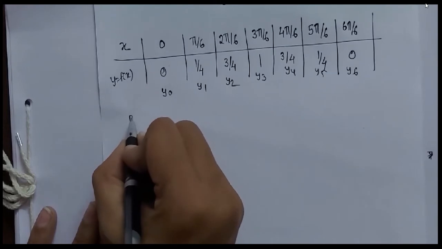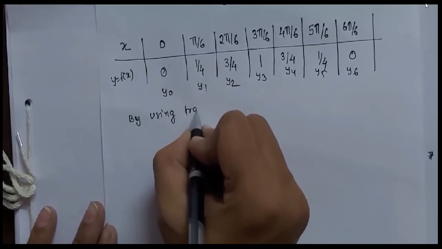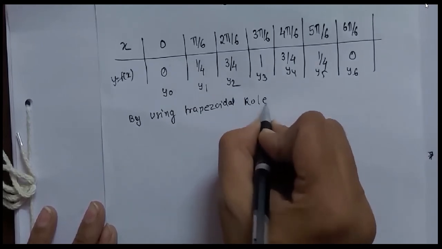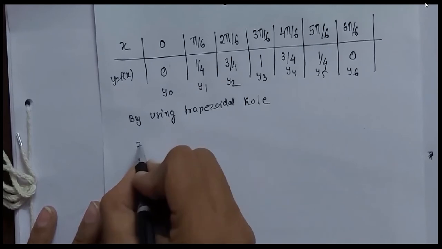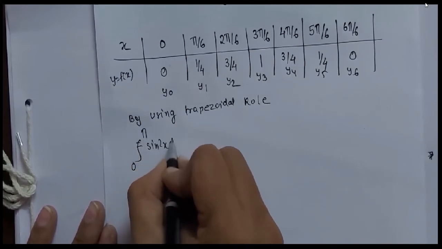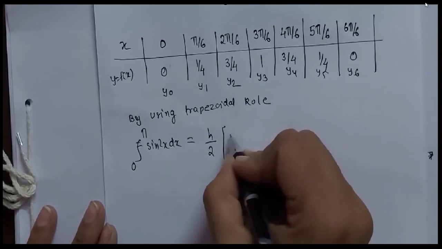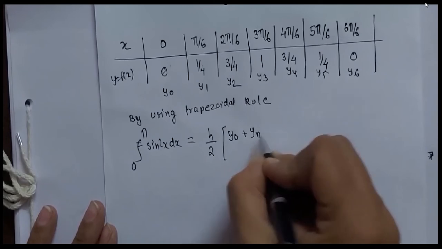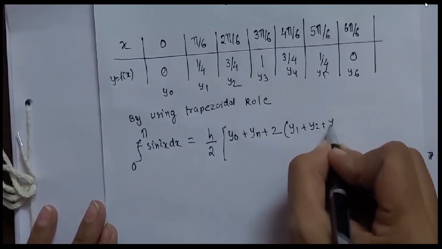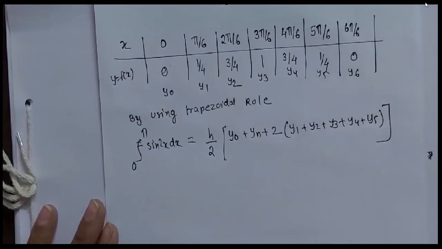By using trapezoidal rule, we will get integral 0 to pi sine square x dx is equal to h by 2 times [y0 plus yn, then twice (y1 plus y2 plus y3 plus y4 plus y5)].